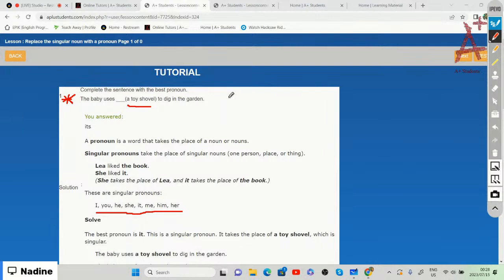So are we going to replace the words a toy shovel with I, you, he, she, it, me, him, or her? So we can say the baby uses it to dig in the garden. We are replacing a toy shovel with the pronoun it, right? So the baby uses it to dig in the garden. So if you also had that, then well done.